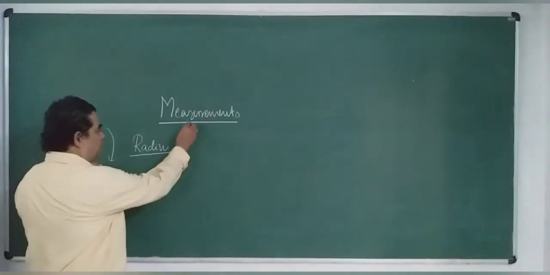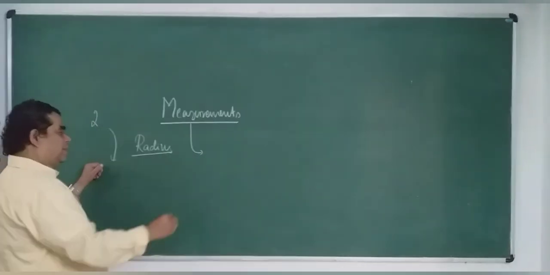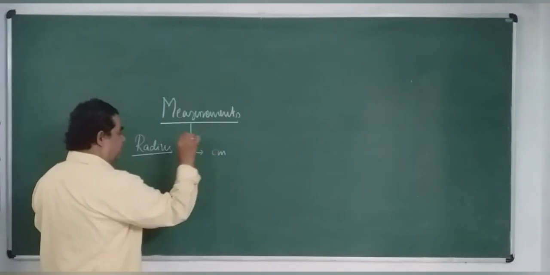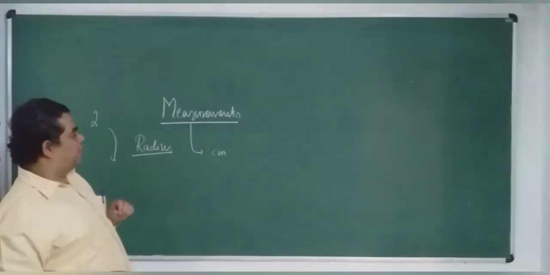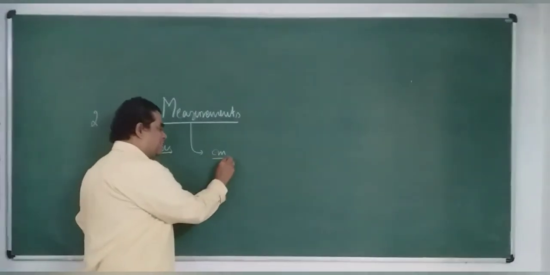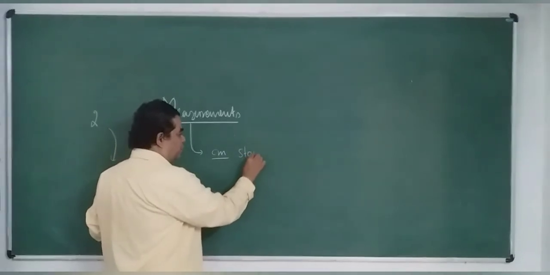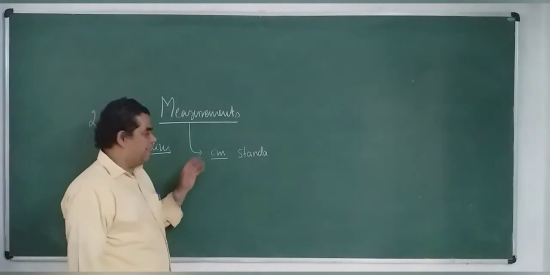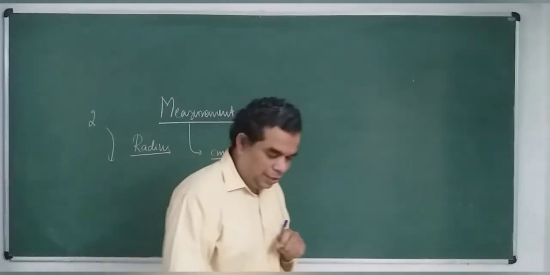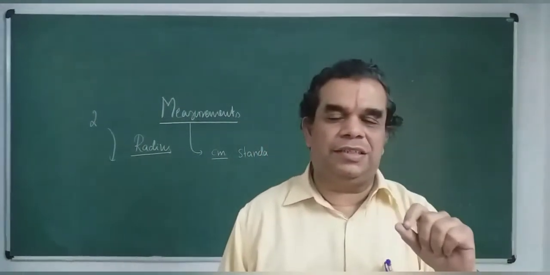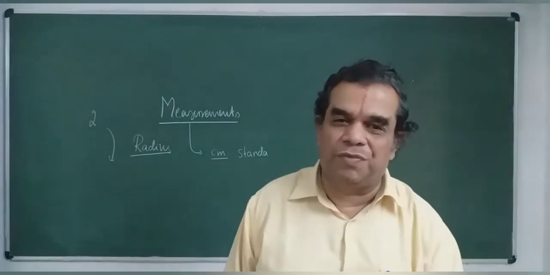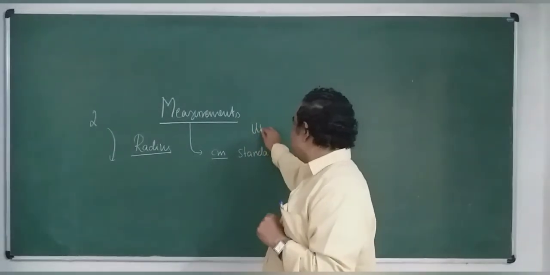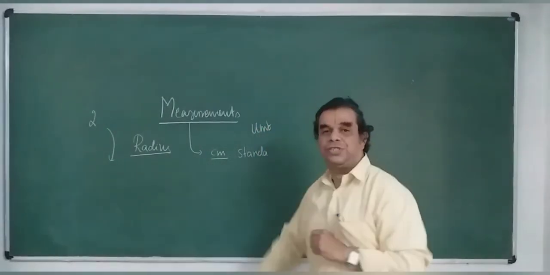For any measurement, say we measure the length of a piece of chalk in centimeters. What do you mean by centimeter? It is a standard we use for length. That's why a standard of comparison is what we call a unit. Unit means standard of comparison.